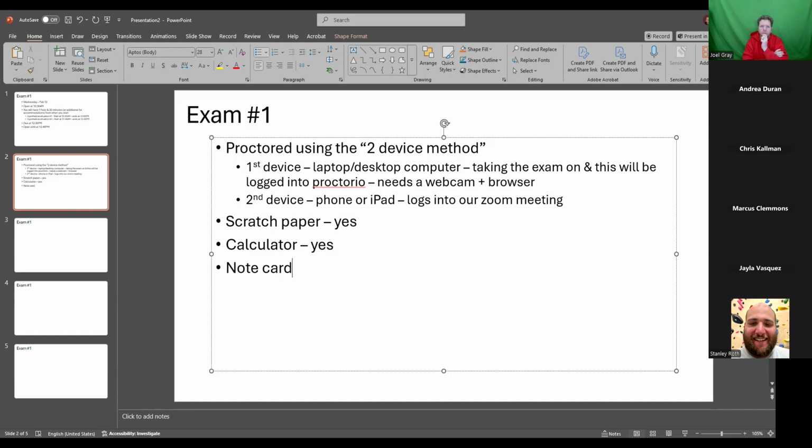So an index card or a note card, yes. Now, question: are we able to take it in a common area in the library? Yes, you are. I would be selective with that.